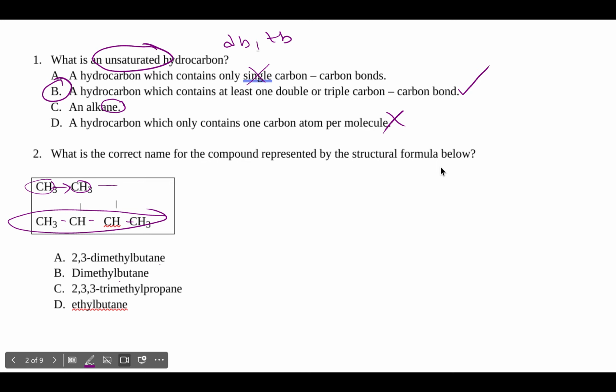So it's going to be butane as your longest chain. We can take off these two. And then on carbon, once you number it, and it doesn't matter which direction you start numbering, it's going to have two methyl groups, one on carbon 2, one on carbon 3. And because there's two of them, you need to say di. So your answer here is A. It's not B because B is not telling you where to find those carbons.